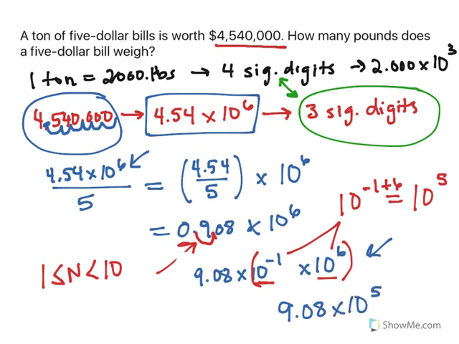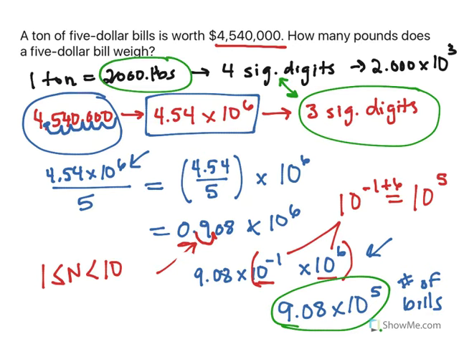This is the number of bills we have. Now we need to divide, actually, we need to divide 2,000 pounds by the number of bills we have. And let's look at that right here.